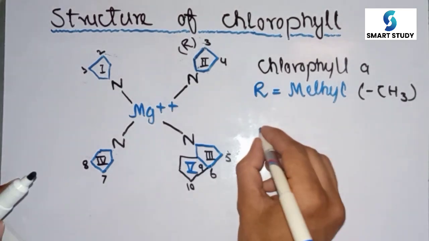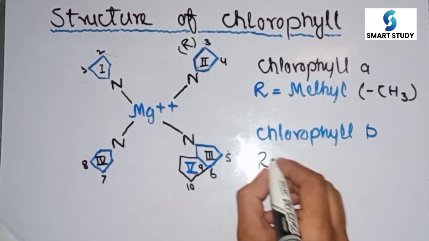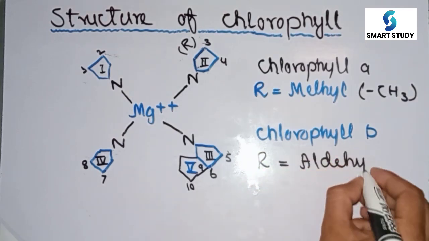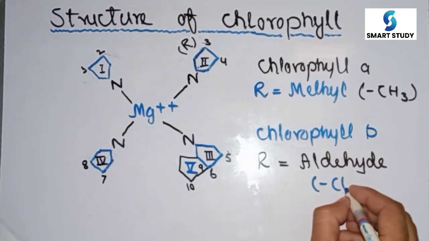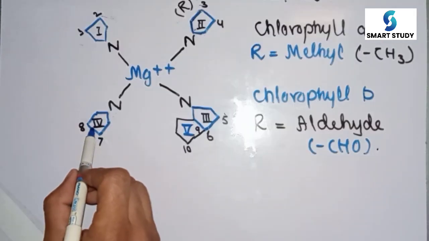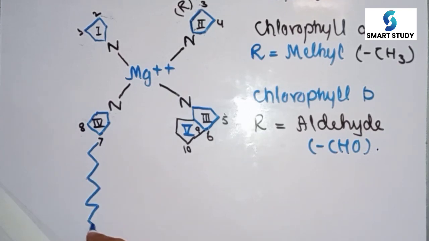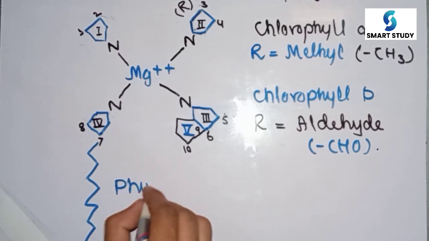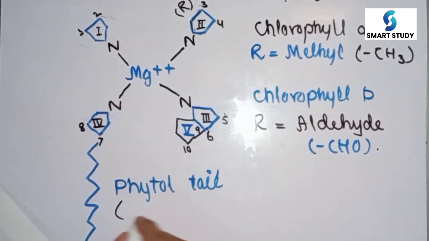If it's chlorophyll B, the R position contains an aldehyde group. Attached to the 7th carbon of the 4th pyrrole ring, there is a hydrocarbon tail, which is known as the phytol tail.